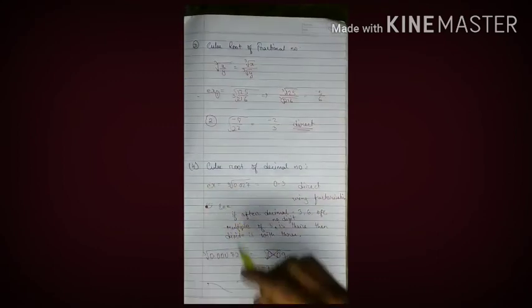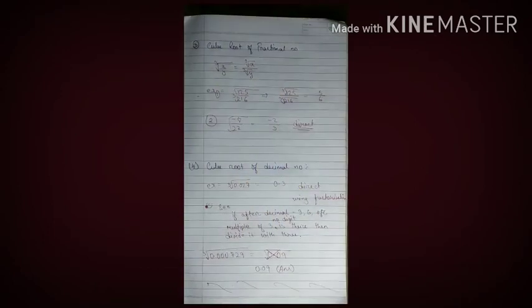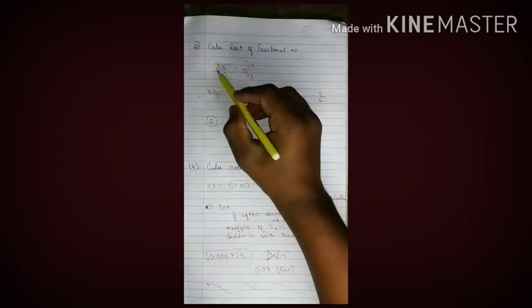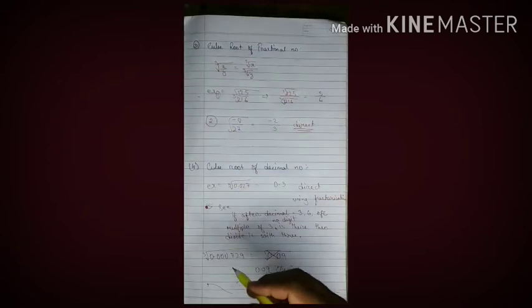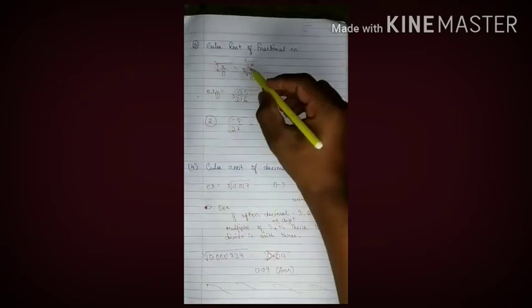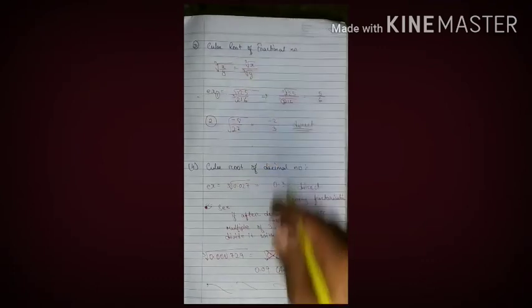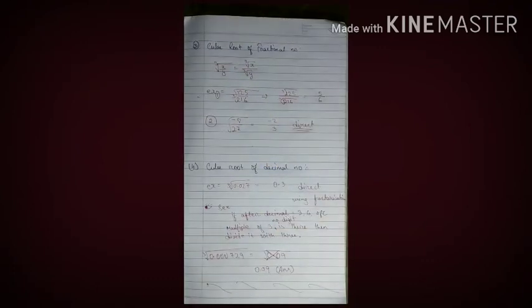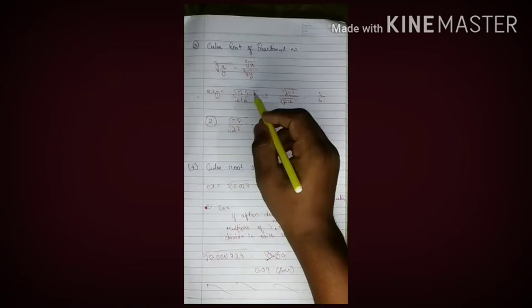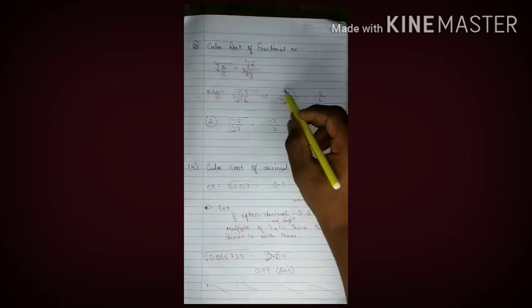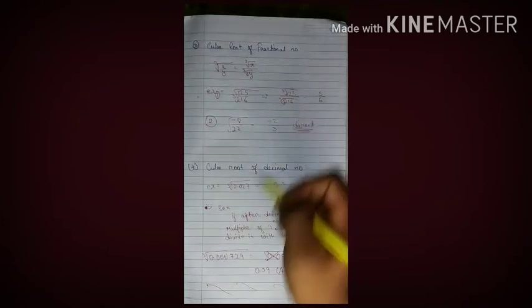Now the third property, cube root of a fractional number. How will we do the cube root of a fractional number? See here, cube root of x by y can also be written as cube root of x by cube root of y. Now see an example: cube root of 125 by 216 is cube root of 125 by cube root of 216.